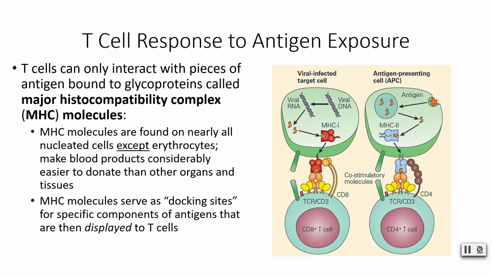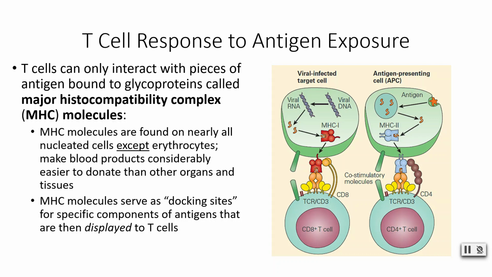Because erythrocytes do not have MHC molecules, this makes them really good for donation, because there aren't as many antigens that could cause reactions when we transfuse blood compared to other tissues.